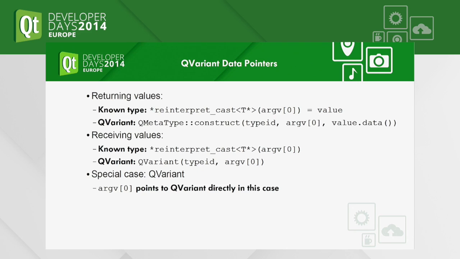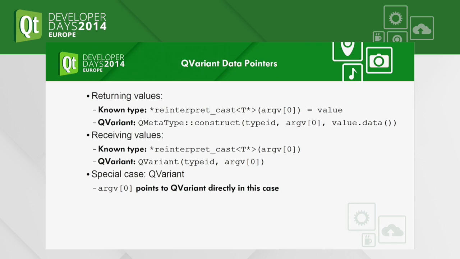And luckily, there's infrastructure in Qt that allows us to convert to and from raw void pointers when dealing with variants. When receiving values, that's very easy. There's a constructor for QVariant that just takes the void pointer. And of course, it needs the identifier of the type.